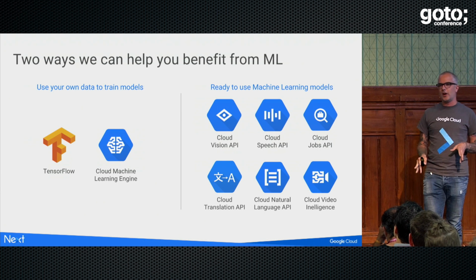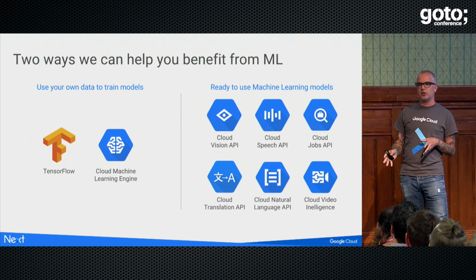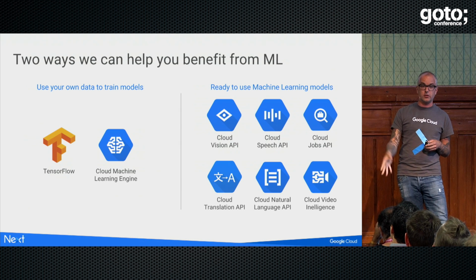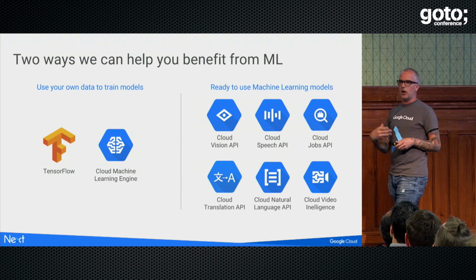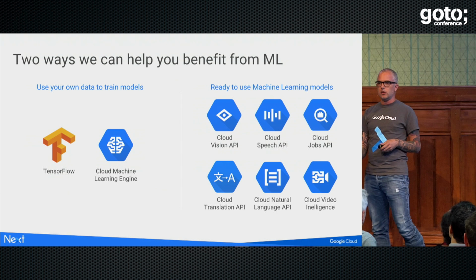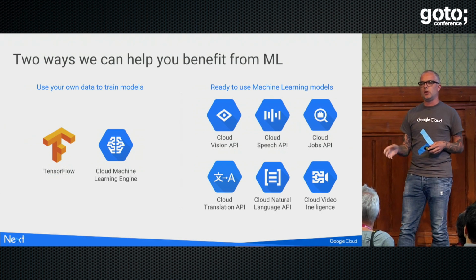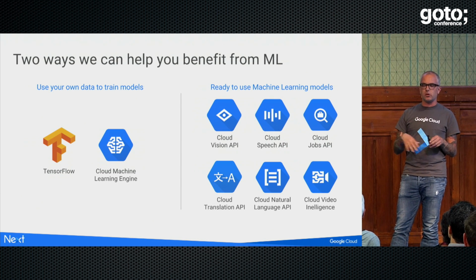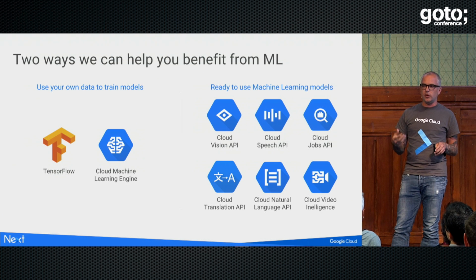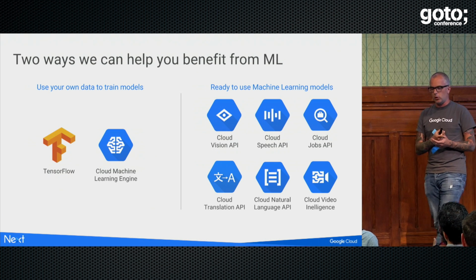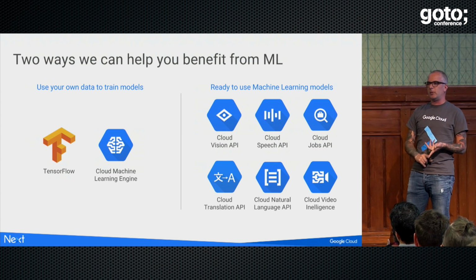So in Google Cloud, we have two ways of tackling machine learning. One is with TensorFlow, and the other is our managed APIs. With the managed APIs, we want to democratize machine learning. For common problems, think about things like OCR, think about speech.